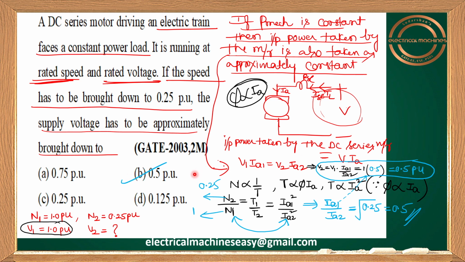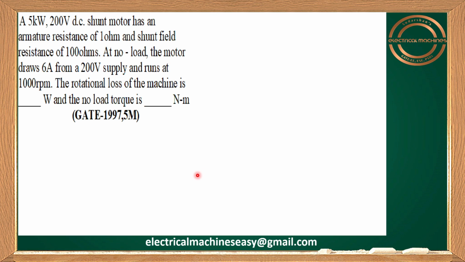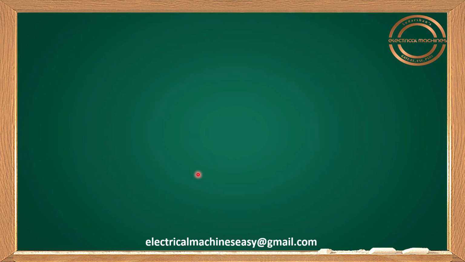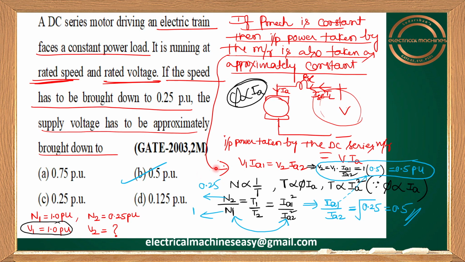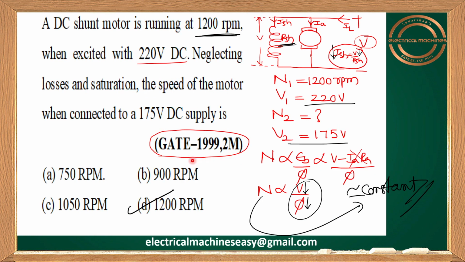Okay guys. So yes, right. Let us see in the next video, we'll proceed solving some GATE questions once again. Actually, in this question, this is a question asked in GATE 2003 for 2 marks. And the previous question was asked in GATE 1999 for 2 marks once again.